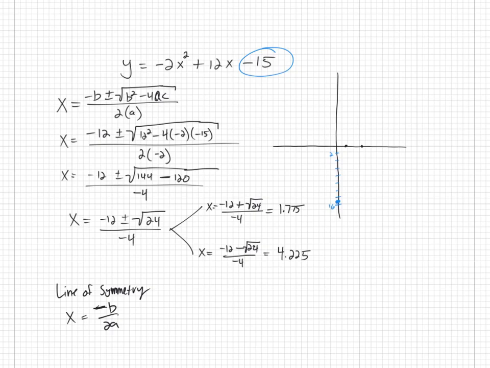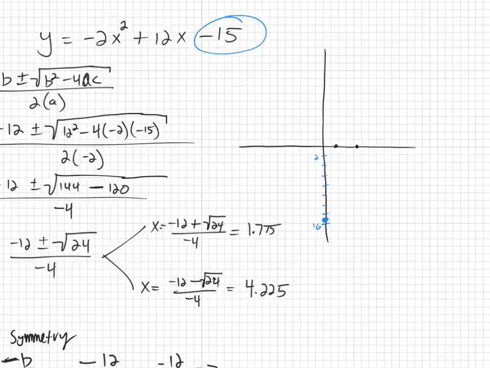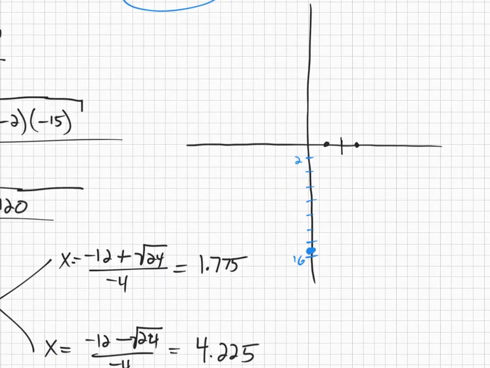Since we're not going to go into calculus right now, you're going to have to just trust that this gives us our line of symmetry. And the line of symmetry is negative b, which is negative 12, over 2a, or 2 times negative 2, which is negative 12 over negative 4, which ends up being 3, which is a very nice number to be working with, because you can see that our line of symmetry is in fact perfectly in between the roots.